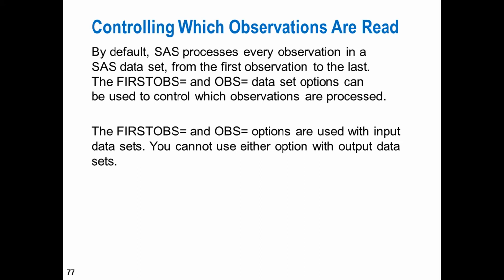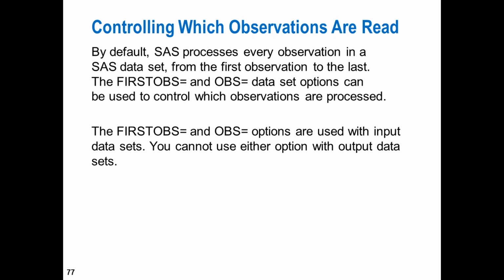But here the title is controlling which observations are read, which means I want to read observation number 24, or I want to read observations starting from number 10 and stop processing at observation number 50. Are you getting it?